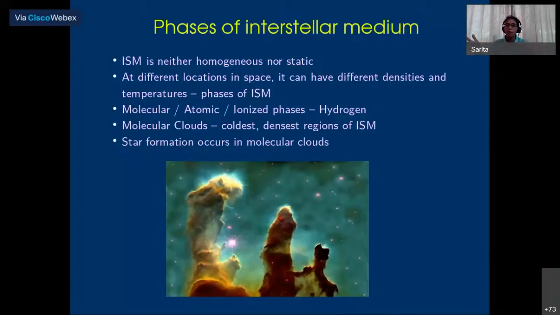Then we can also have interstellar medium close to a star, where the dust may be sublimated and even the gas is ionized. So that's the ionized phase of hydrogen. When I say gas is ionized, hydrogen could be ionized. When hydrogen is ionized, it's known as the ionized phase of the interstellar medium. So you can have different phases depending on their temperature and their density.